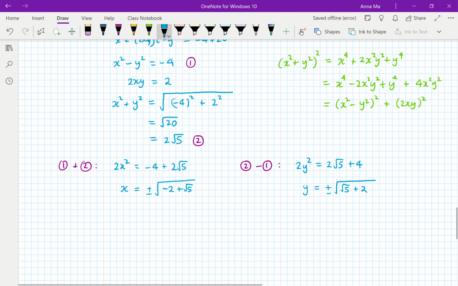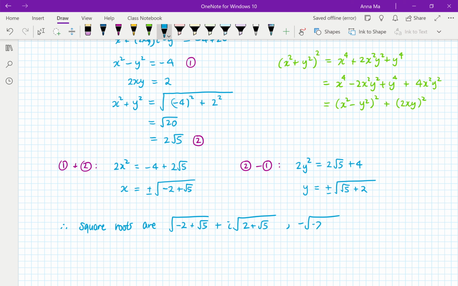And plugging it back into x plus iy, I should be able to get the final solutions as plus root of (-2 plus root 5). I think it's easier to write than read. And the negatives. Minus i root of (root 5 plus 2).